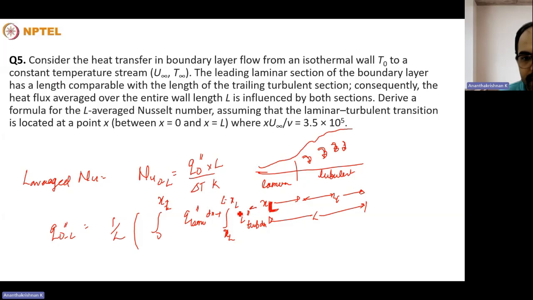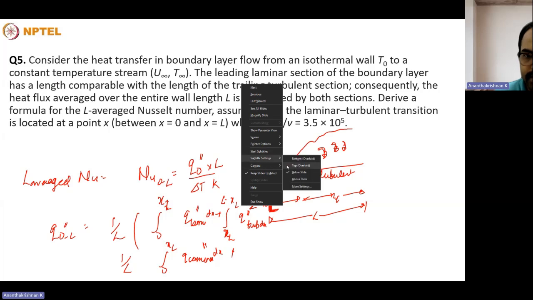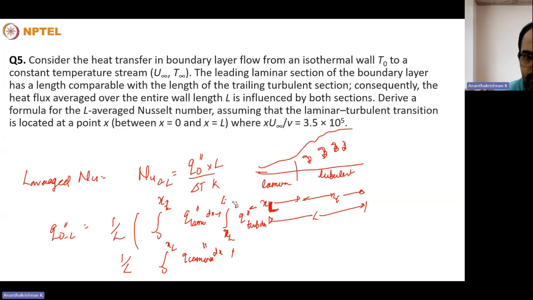So this can actually be written in a different manner. It could be written as 1 by L, 0 to XL of Q laminar dx plus XL to L. It should not be L minus XL, it should be L actually.